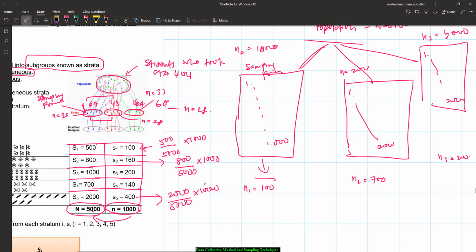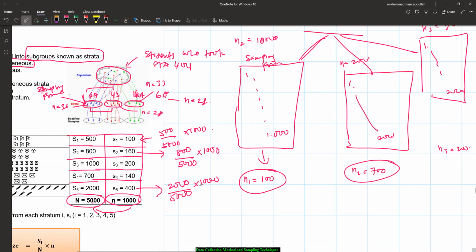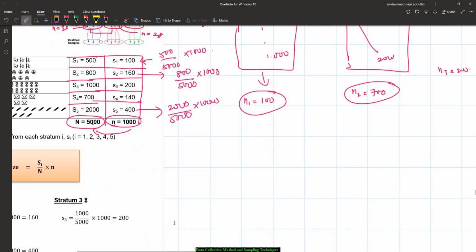But the value of n that we select must be based on the proportion. So how much should it be? Let me show you properly: 1,000 multiplied by 1,000 divided by 5,000. So it should be 200. Okay, this one should be 200.